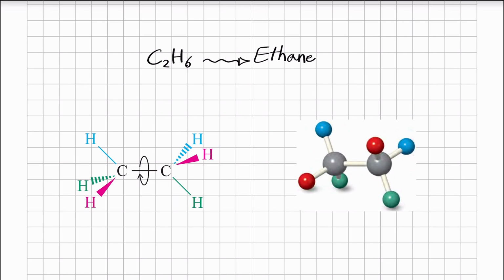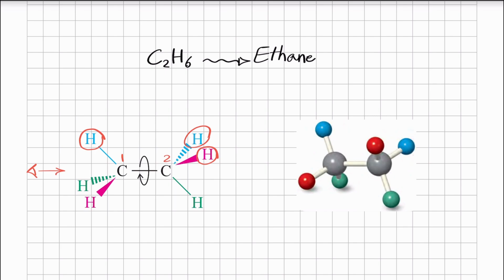Now, if you look at ethane from this direction, this is your eye, you look this direction. Let's call this carbon number 1 and this one number 2. If you look at this direction, you can see that the hydrogen which is connected to the carbon number 1 is exactly between the 2 hydrogens that are connected to carbon number 2.